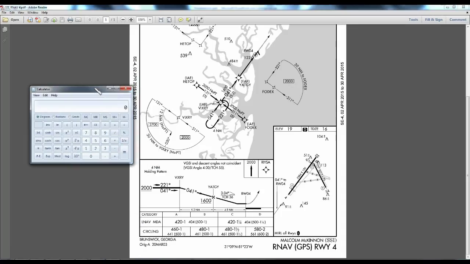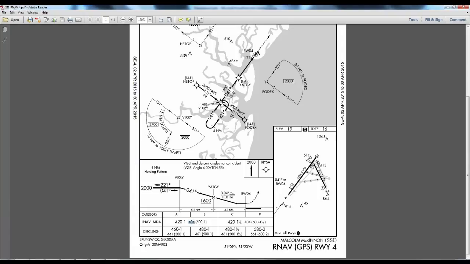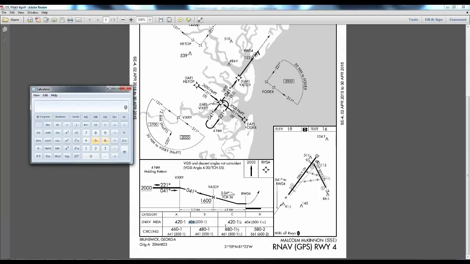So when we calculate our VDP, we need the height above threshold at minimums, 404, and we divide that by the descent angle, just drop the decimal. So our descent angle in this approach is 3.04. We drop the decimal, that's 404 divided by 304. That gives us 1.3289999, whatever.